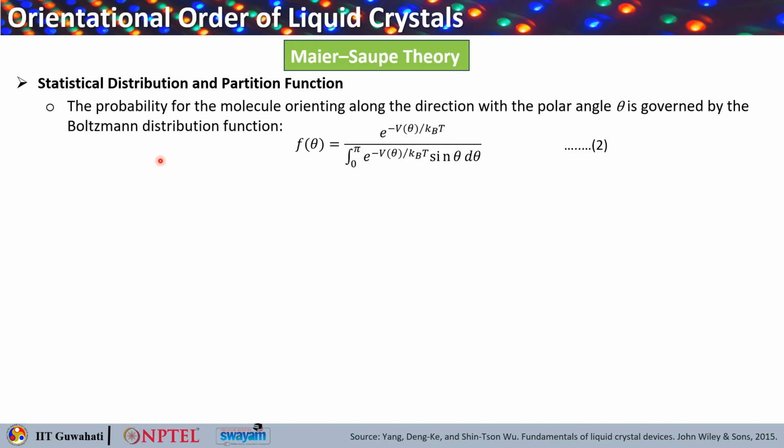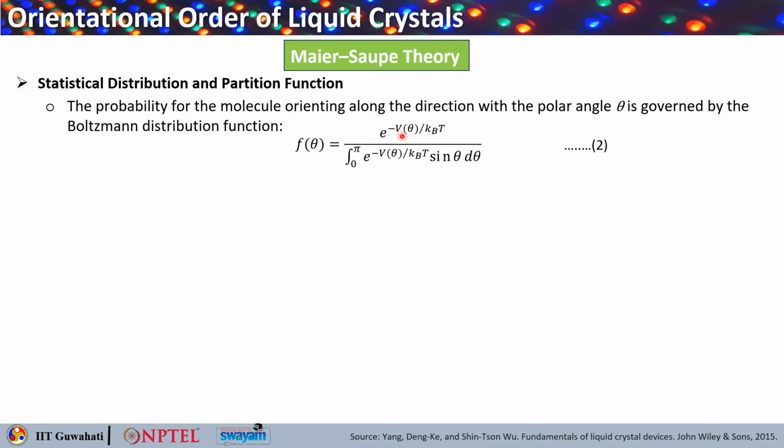The probability for the molecule orienting along the direction with polar angle theta is governed by the Boltzmann distribution function.